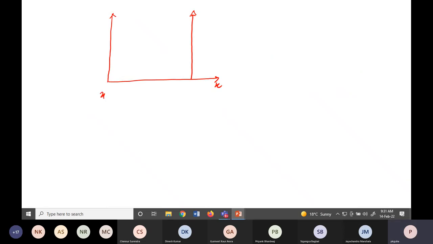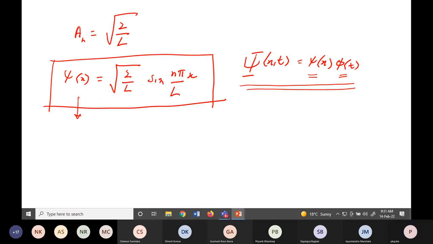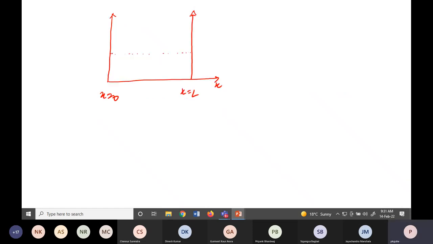Say this is x equal to 0, this is x equal to L, and for n equal to 1, how will the waveform look? For n equal to 1, it will be root 2 over L sine pi x over L, right? So we can plot this.